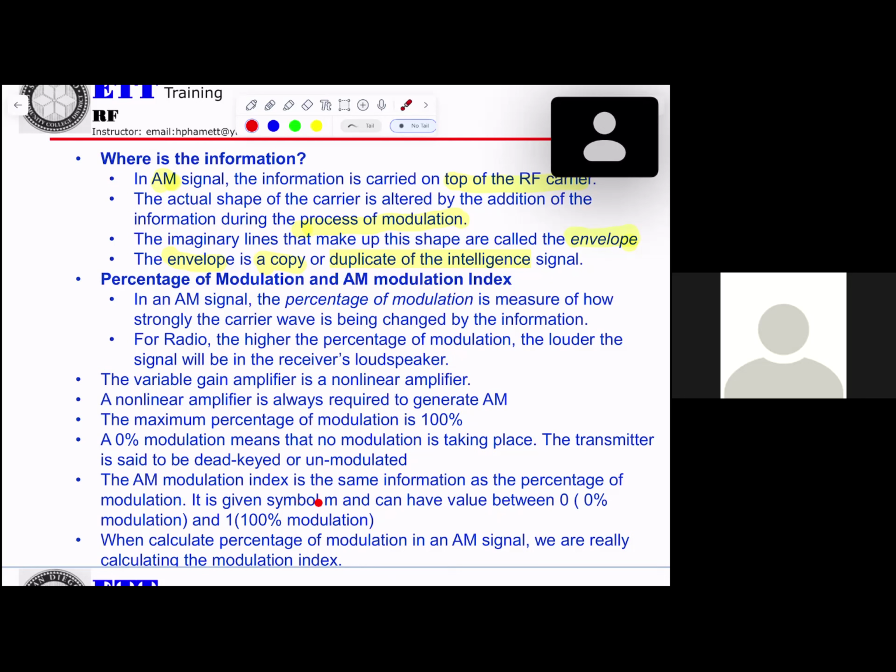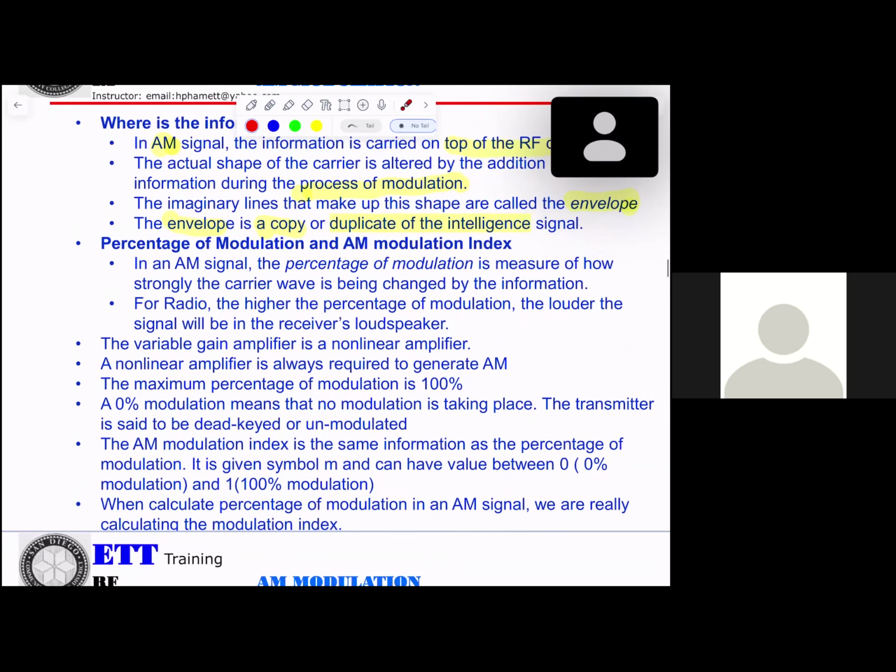It is given the symbol m and can have a value between 0, or 0% modulation, and 1, or 100% modulation. When we calculate the percentage of modulation of an AM signal, we are really calculating the modulation index.